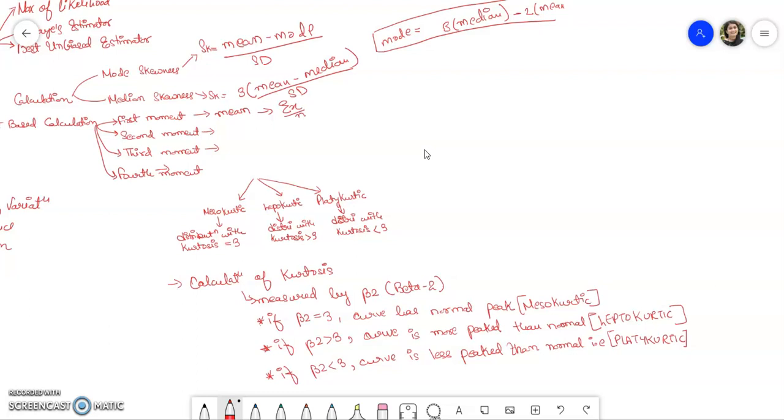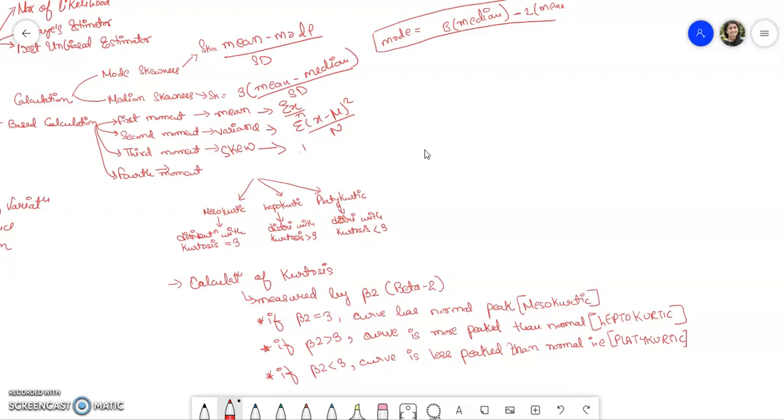The second moment is the variance, with formula summation of x minus mean squared, divided by n. The third moment is the skew.